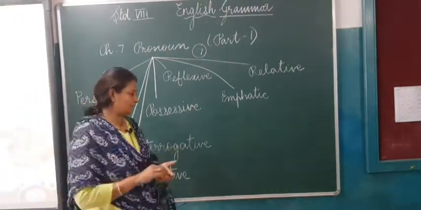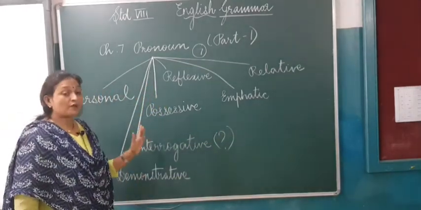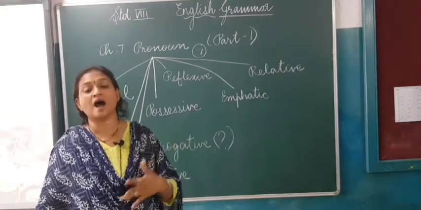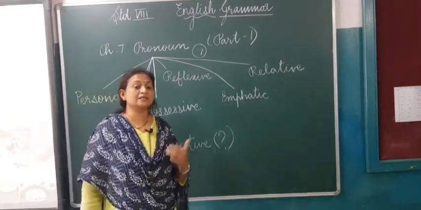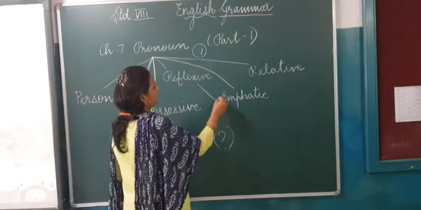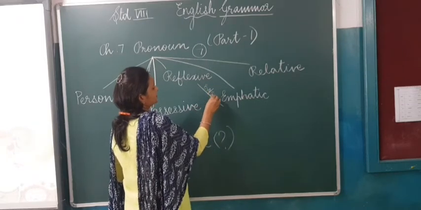Interrogative, it's very easy. All the question sentences come under interrogative. Possessive, belongingness. Okay, this is my house. So belongingness, that is possessive. Reflexive and emphatic, we can say they are brother and sister. Why brother and sister?